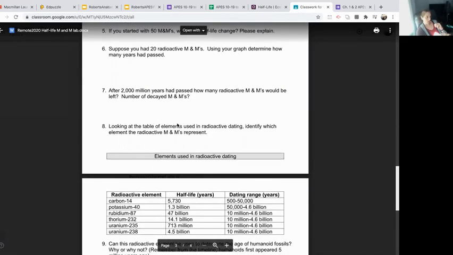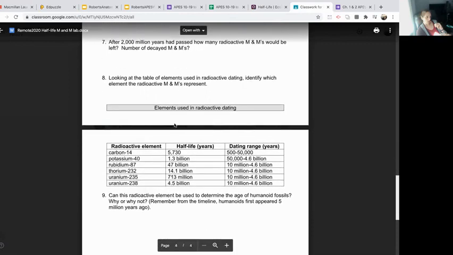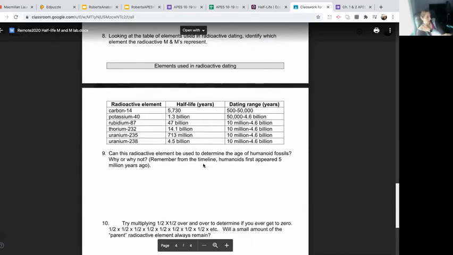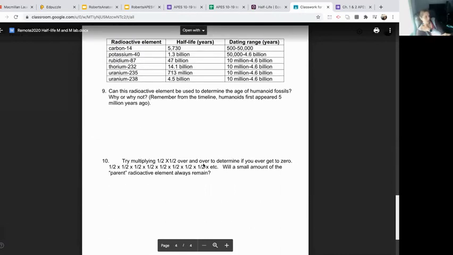Then it's going to have you work some problems. Number 9 is based on the actual chart for radioactive dating. Number 10 is to check that you can multiply fractions, so 1/2 times 1/2 times 1/2 times. Just make sure you're careful with your denominators versus your numerators, top versus bottom. You should end up with a very small amount remaining.